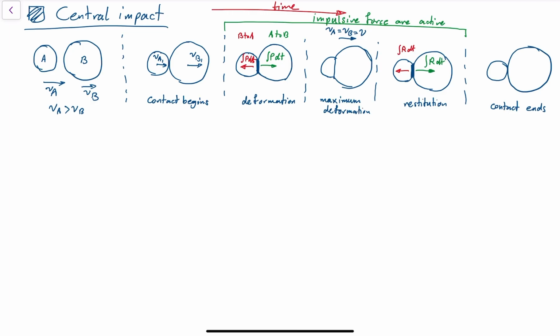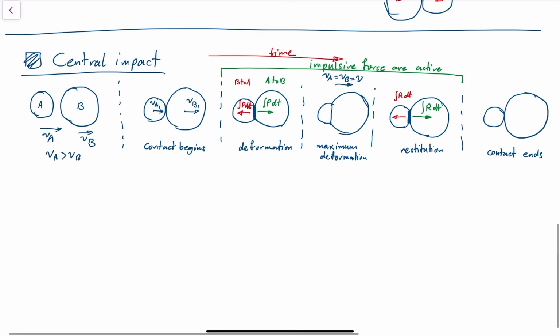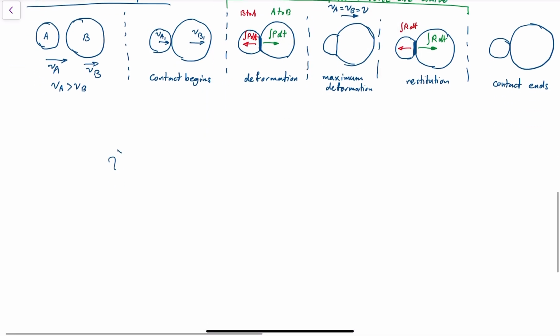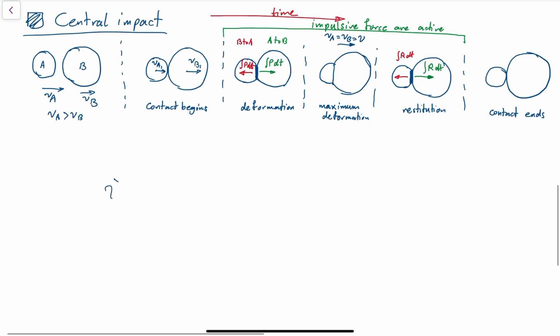Body A is going to continue being pushed backward, losing some speed, until the two bodies are fully back to their original shape. And that is when they lose contact. In this case, B will move with VB2, A will move with VA2, and contact ends, and you can go and happily study what happens after.